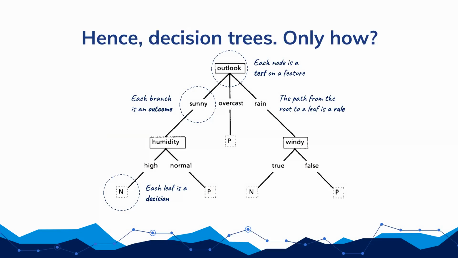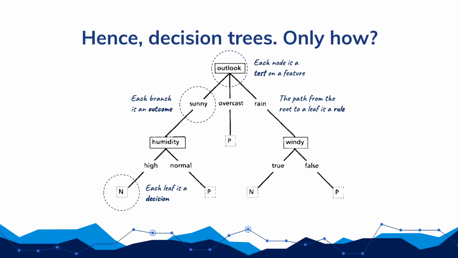So I will do a test on the column outlook, and the possible values for the column outlook are sunny, overcast, and rain. Each one of these three possible outcomes of my test is a branch, like Git branches. So I have a node of my tree, and then I have different branches, one for each possible value. And in the end, I have these things called leaves. A leaf is the final decision.